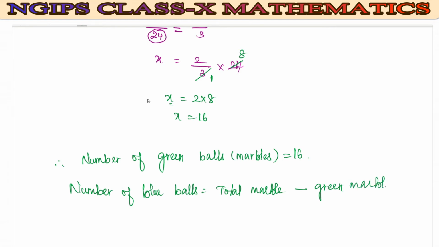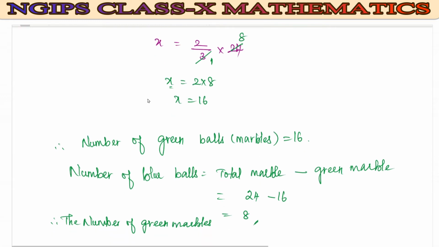So total is 24, from 24 if you subtract 16, the leftover is 8. Therefore the number of blue balls is 8. Okay, this is the final answer.